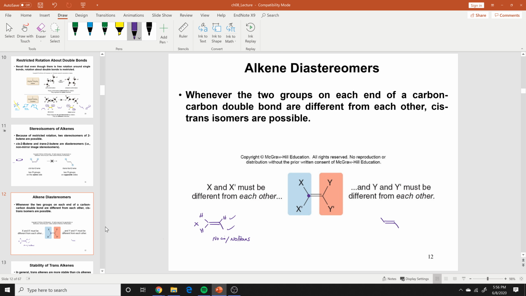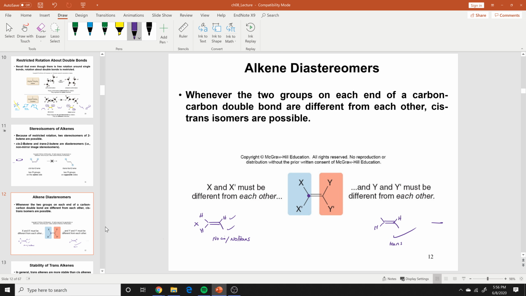On the other side, I do have two different groups on this side, hydrogen and CH3, and two different groups on this side, hydrogen and CH3. So this one exists as cis and trans. The way that I drew it right now, this is the trans isomer.